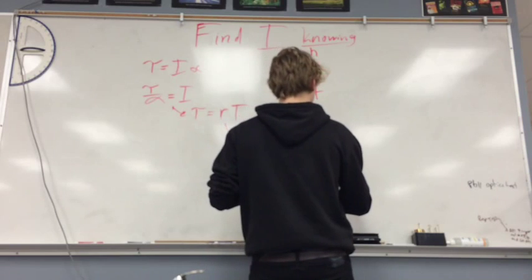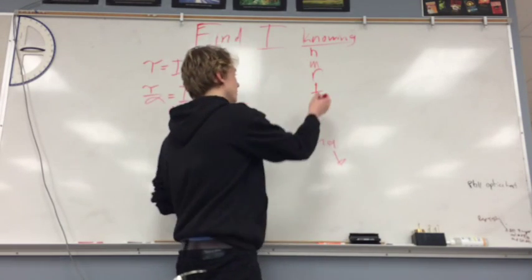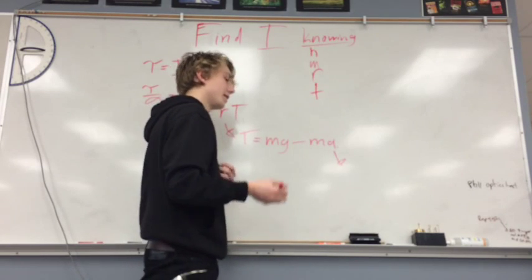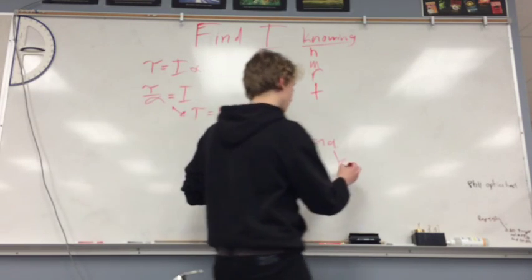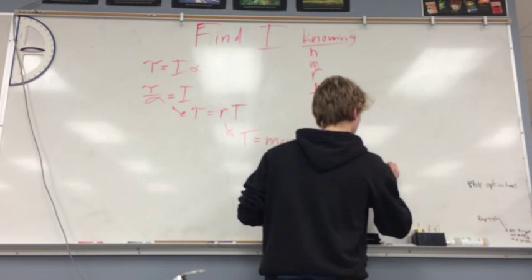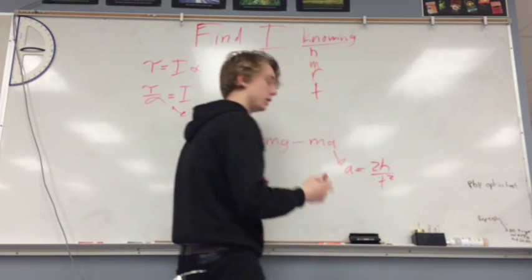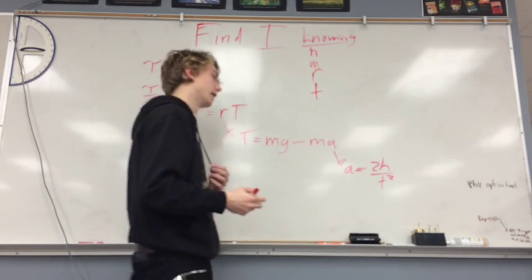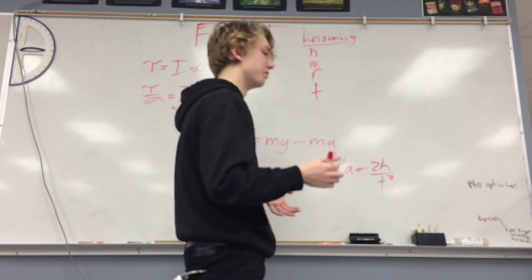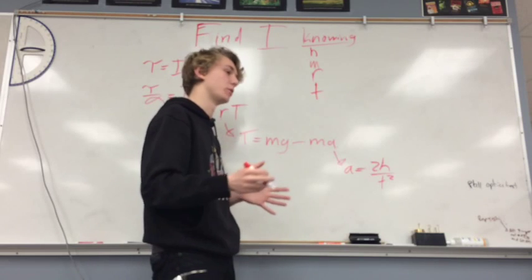So one more arrow here, a lot of arrows. Acceleration we can calculate because we knew the time, we measured the time. Acceleration is going to equal h over t squared. That is derived from a number of basic dynamics equations.